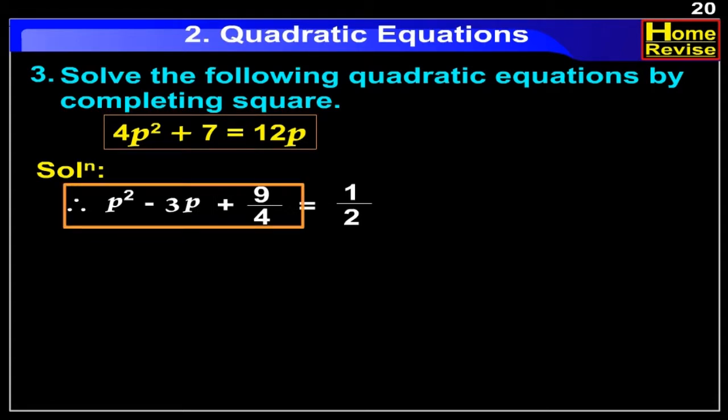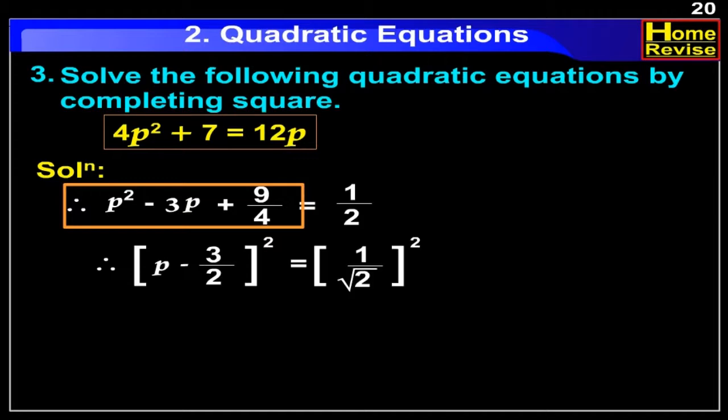Here, p square minus 3p plus 9 upon 4 on the left hand side is the square of p minus 3 upon 2. Therefore, p minus 3 upon 2 whole square is equal to 1 upon root 2 whole square.